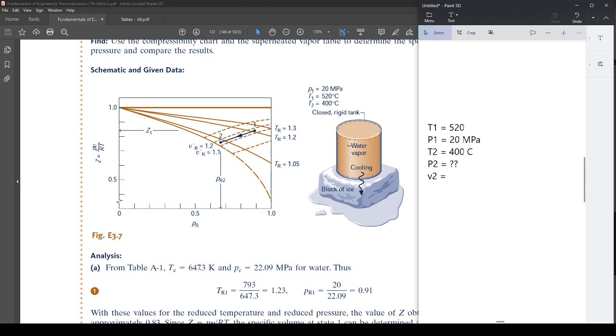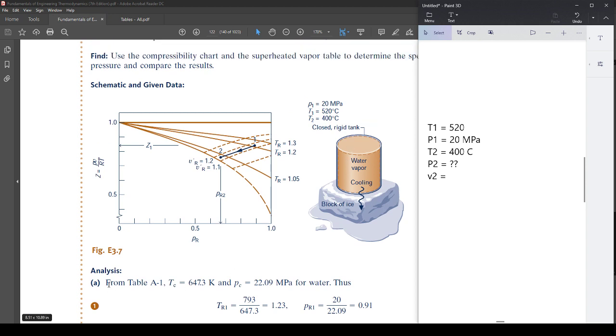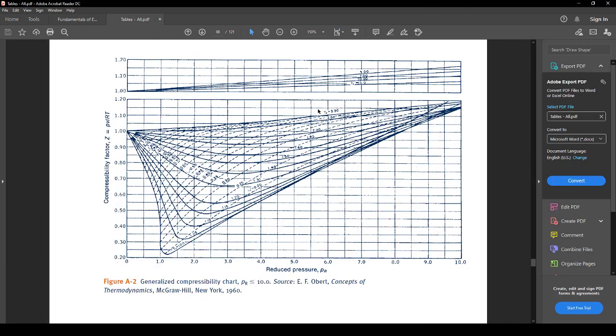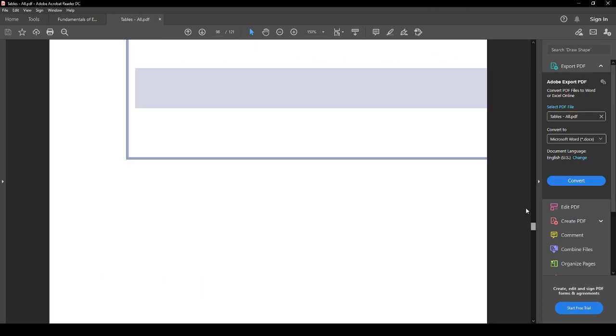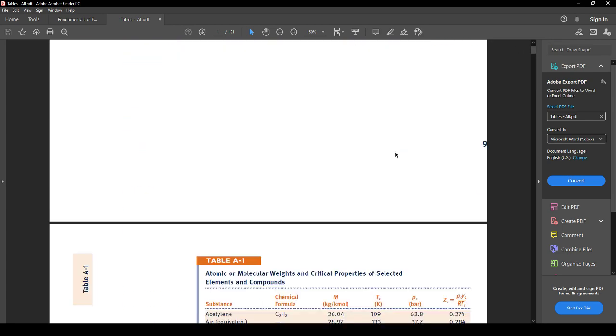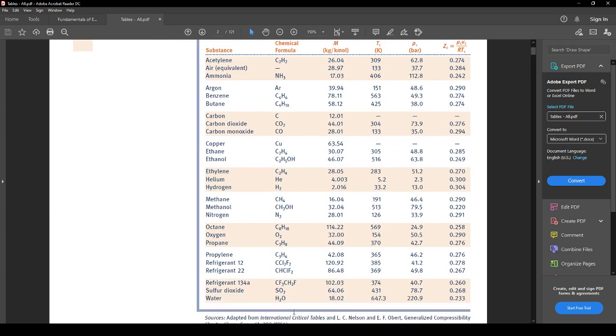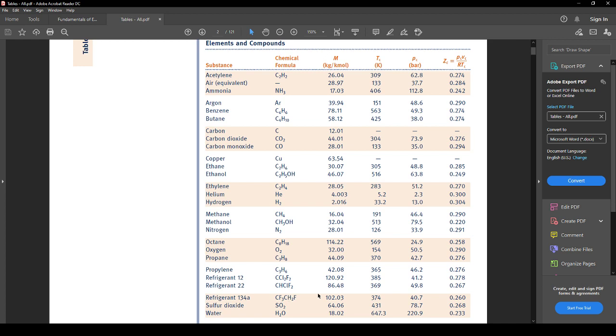All right, so right here, this is what I was talking about. It says from table A1, TC is 647.3 and PC is 22.09. So we are actually going to go there really fast. Let me go ahead and grab this. So water. Right here, this is what they went.